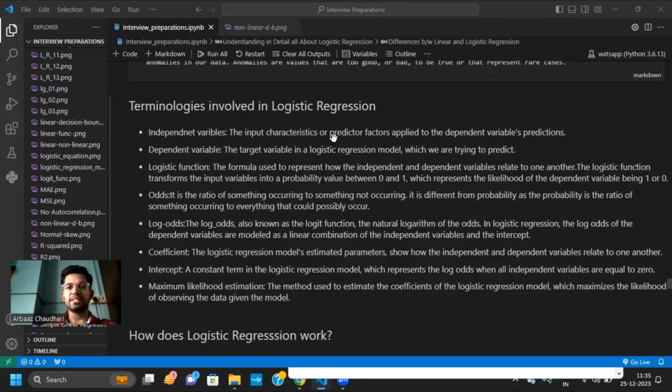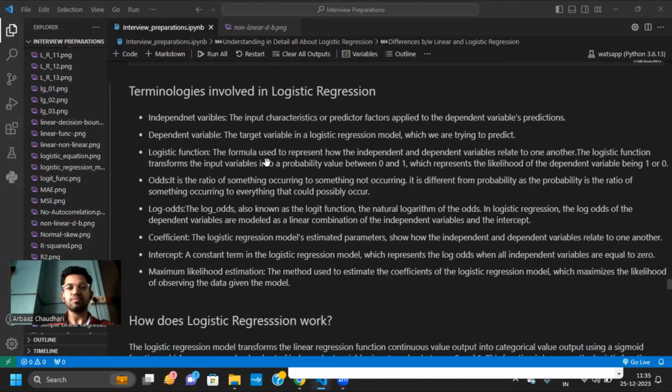That all are the factors which are helping us to predict the y. The dependent variable is the target variable in a logistic regression model which we are trying to predict. So y is what we want to predict with the help of the set of independent variables. So that is the dependent variable.